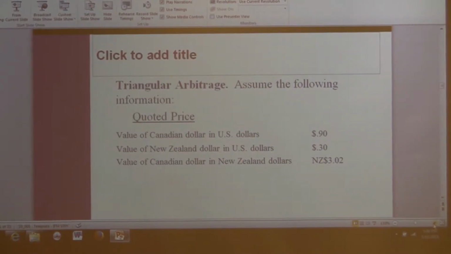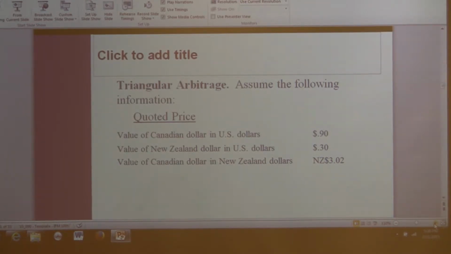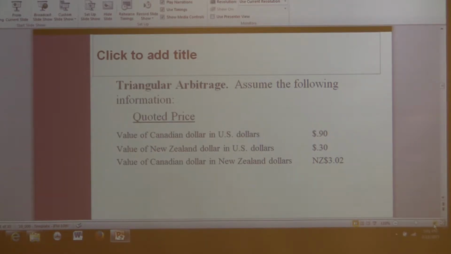If you use the US dollar, the Canadian dollar to the US dollar is 0.9, and the US dollar to the New Zealand dollar is 1/0.3. So what we are saying is that the exchange rate between the Canadian dollar and the New Zealand dollar should be 3, but in the market, the price is 3.02. Okay, so that's it here.